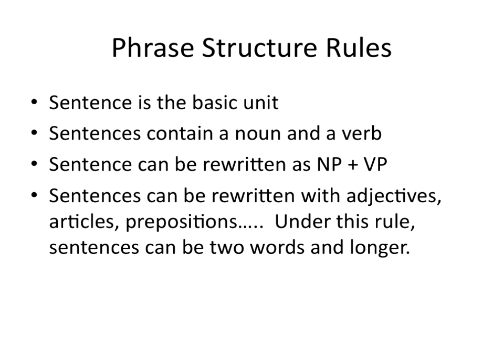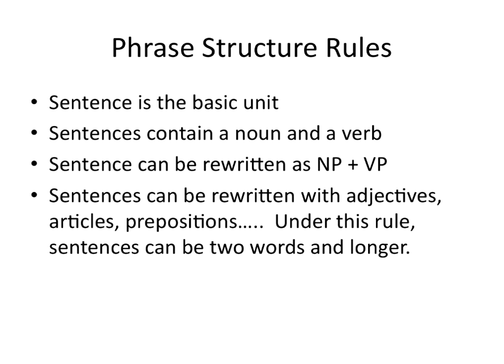All right. So here are the universal rules, the phrase structure rules. The sentence is the basic unit. A sentence must contain a noun and a verb. Sentences can be written as noun phrase plus verb phrase. Noun phrase is subject, verb phrase is predicate. For those of you who remember your English, sentences can be rewritten with adjectives, articles, and prepositions. This is what makes it so creative.